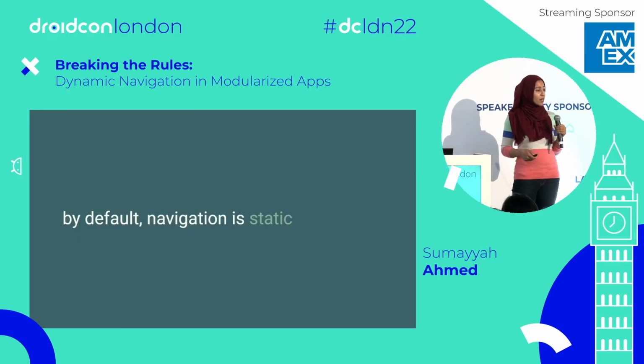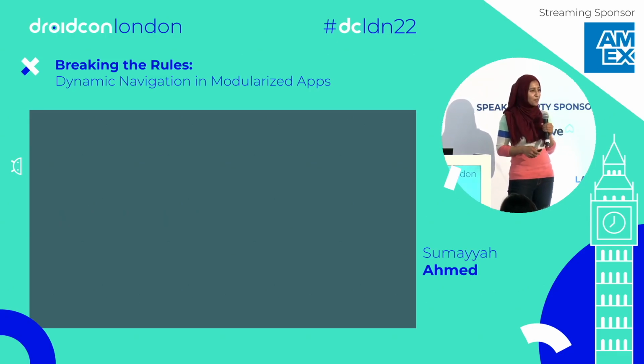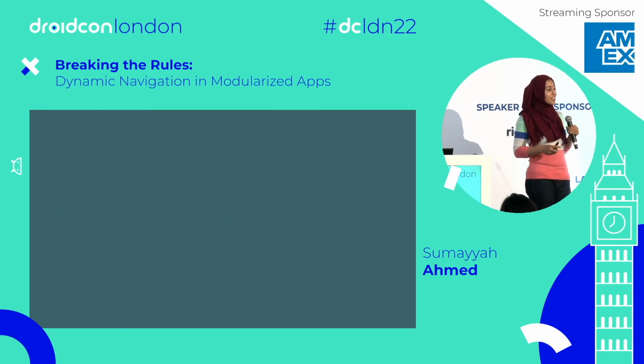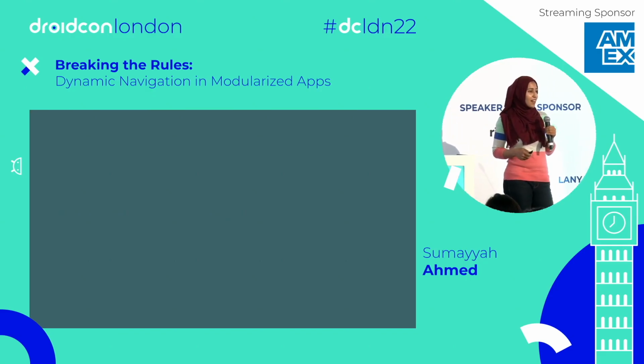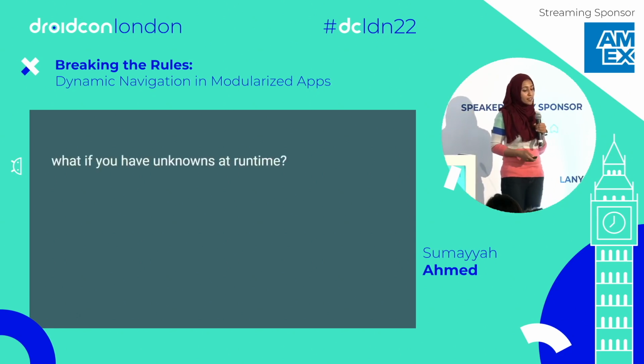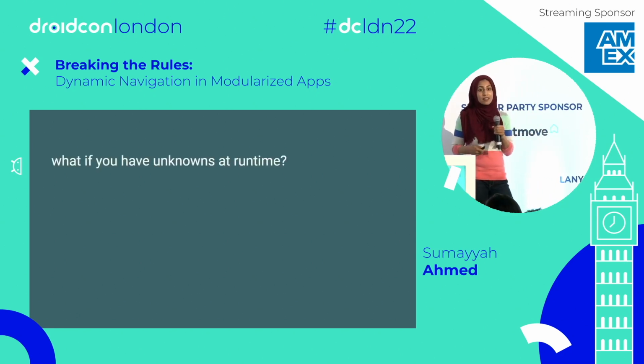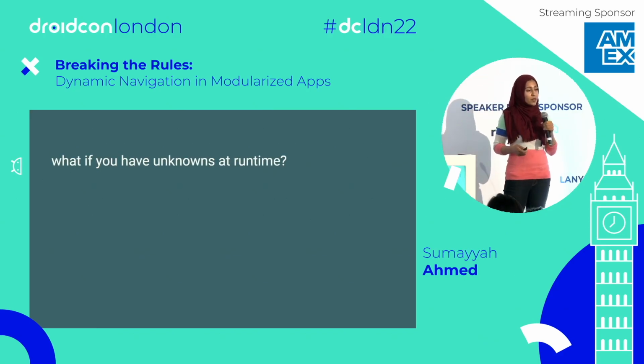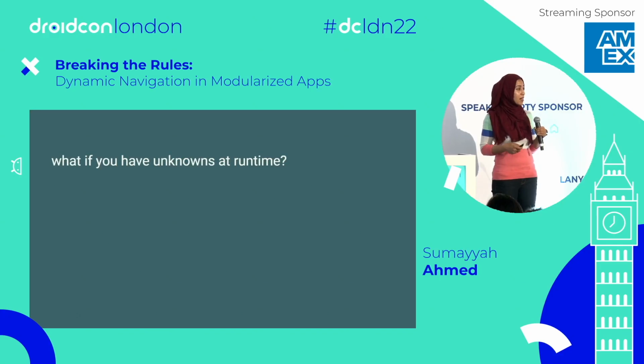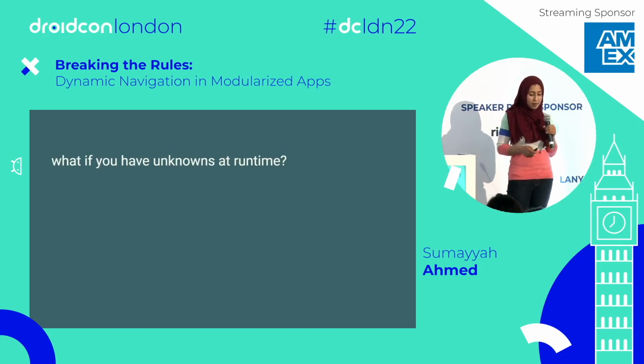So everything is known at compile time, all possible paths and destinations are defined, and that is not real life. Because leaving aside the fact that none of us have architecturally perfect apps, this doesn't even take into account the fact that we will very likely have to deal with unknowns. It's extremely possible that sometimes you just don't know where to go next, where to navigate to next, until some code executes at runtime.